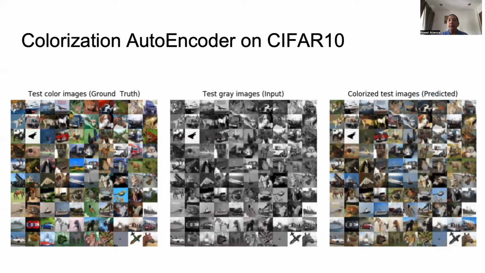We can see that the colorization makes sense. For example, focusing on the lower right images, we can see that the horse is colored brown. The sky above the truck is blue. And the sky above the plane is colored white.